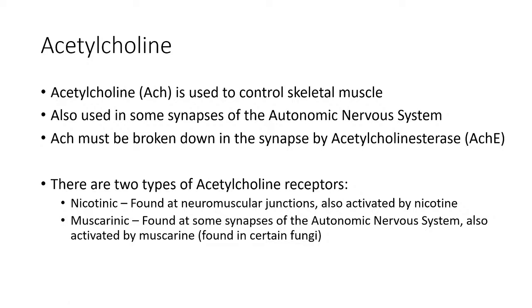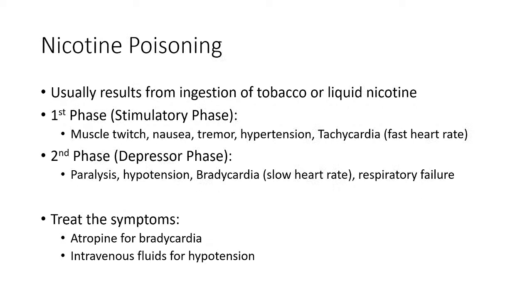We can also target certain receptors by using drugs that simulate nicotine or muscarine, or block those receptors. So with nicotine poisoning, this usually results from the ingestion of tobacco or liquid nicotine.